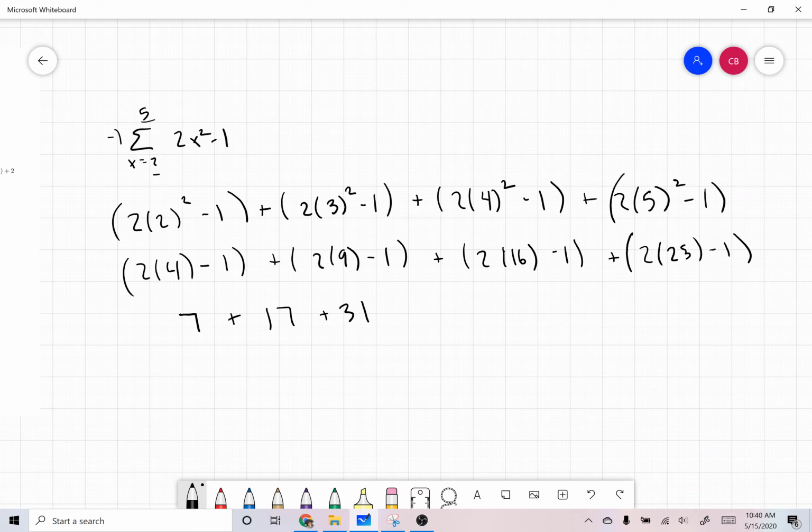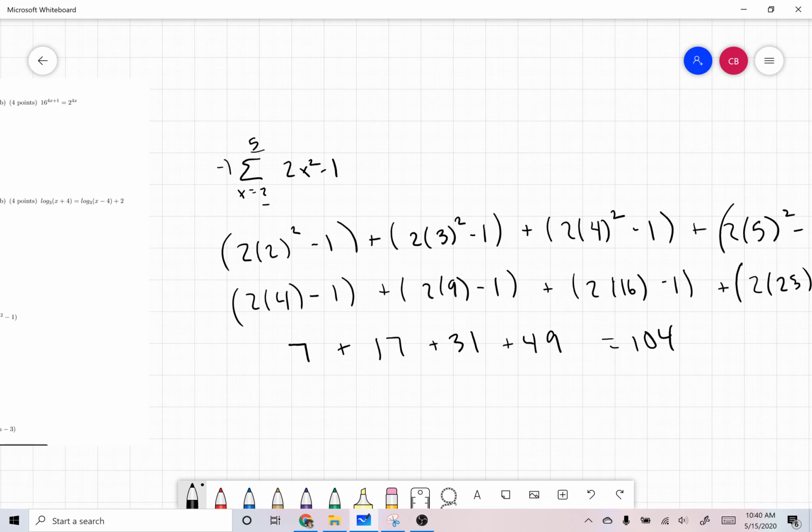The next one is 50 minus 1, which is 49. And if we add all of this together, 49 and 31 is 80 plus 17 is 97 plus 7 is 104. So this is 104. That would be your solution to this.